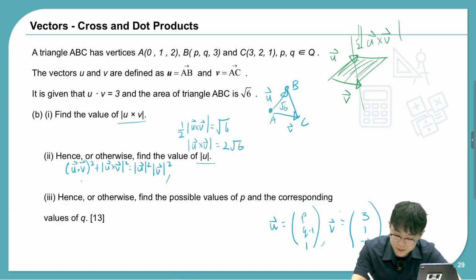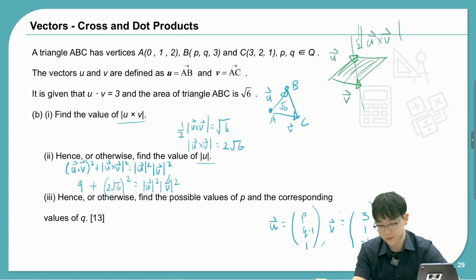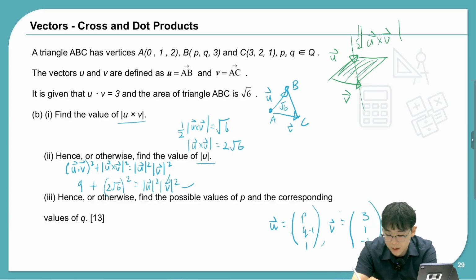So we can say this is 9 plus the value of this is 2 root 6, so we get 2 root 6 squared is going to be u squared and v squared. With that said, we don't know what u is because we don't know p and q, but we can find out the magnitude of v.